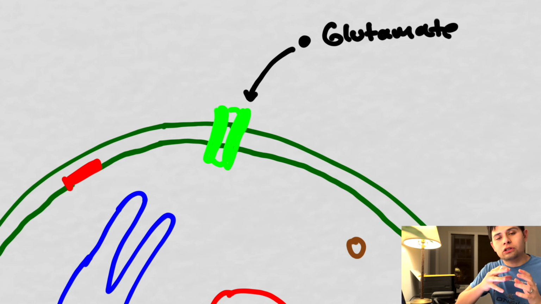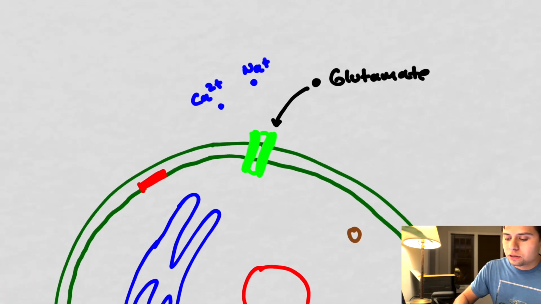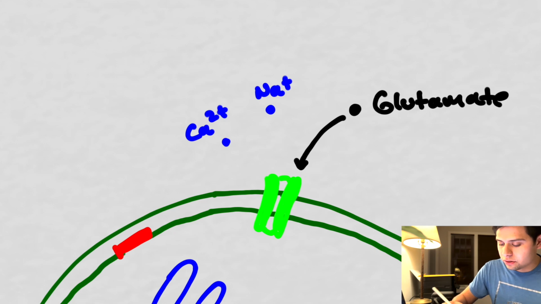But the conformational change in this case actually allows ions on the outside, like sodium or calcium or, say, what's another one? Chloride, depending on the ion, to rush through here.